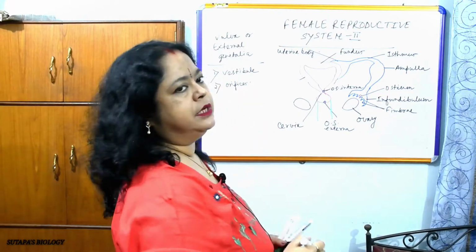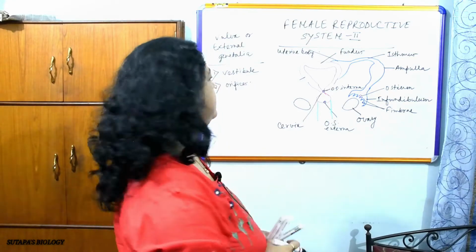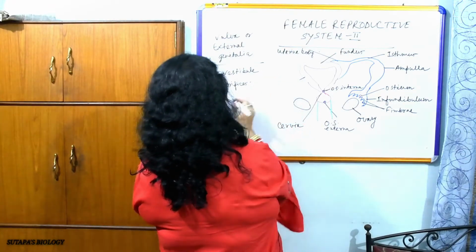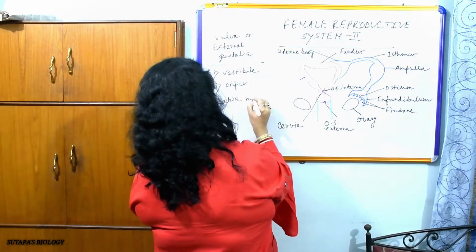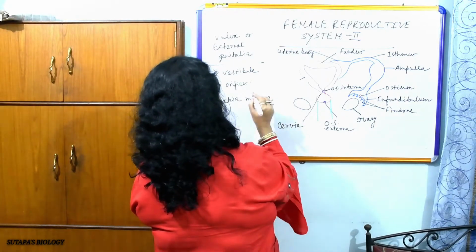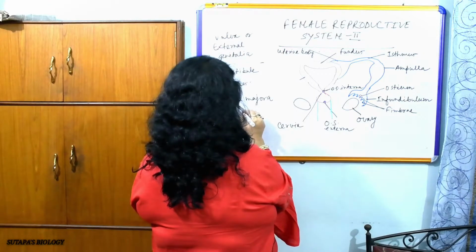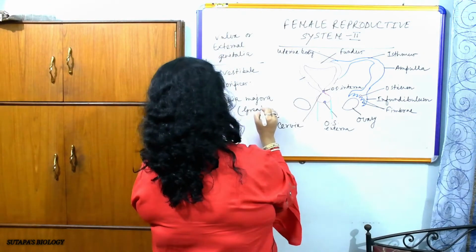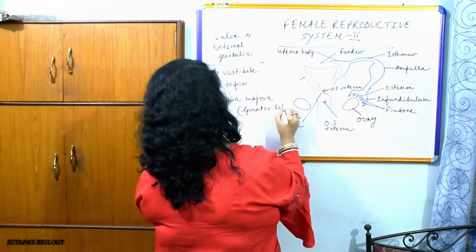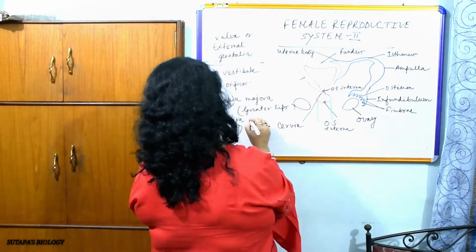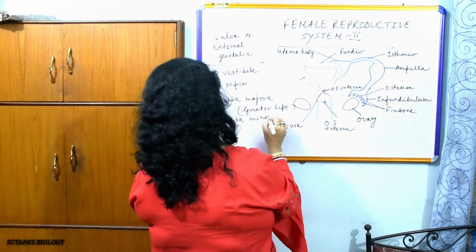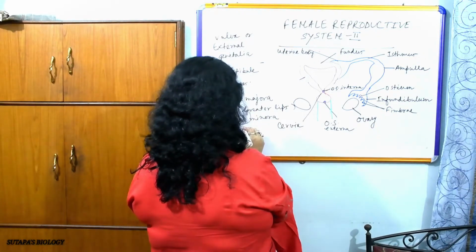Inside the vestibule there are 2 folds of skin. One is labia majora and the other is labia minora. Labia majora is known as the greater lips. And another is labia minora, which is the lesser lips.